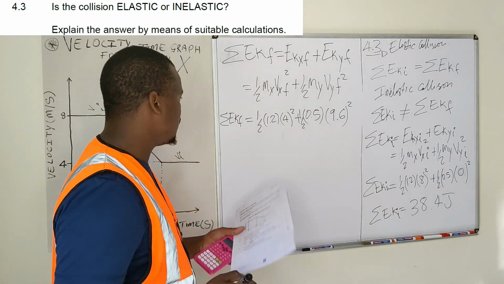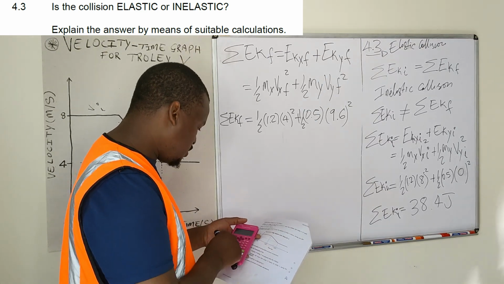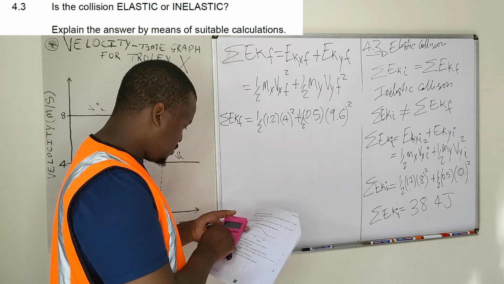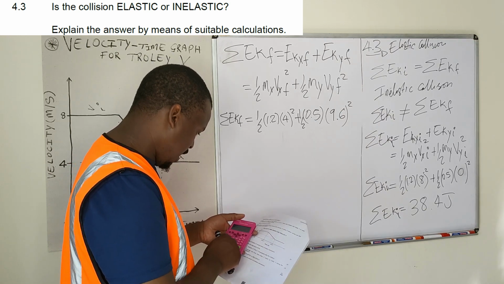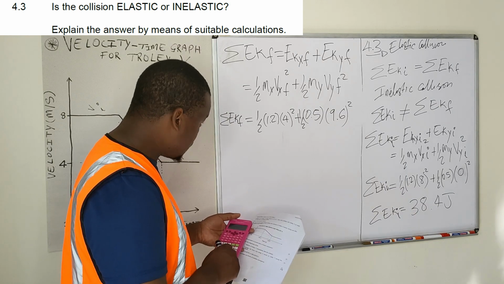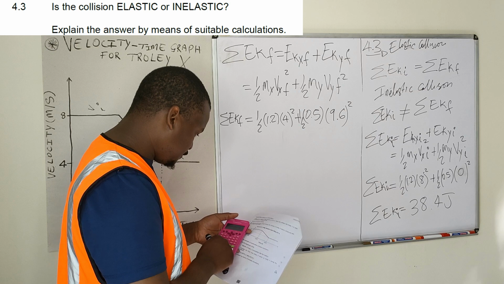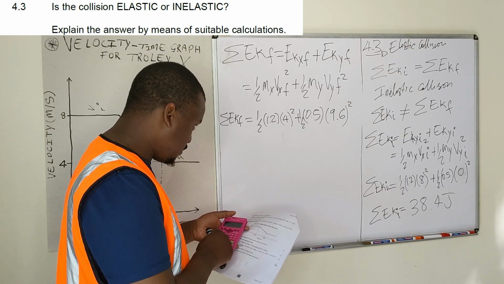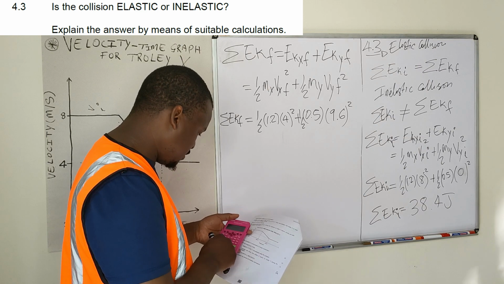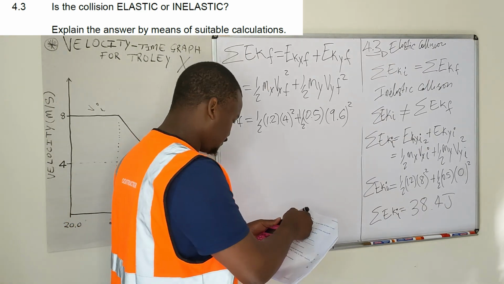Can you punch this in your calculator as well? Say, okay, 1 over 2 times 1.2 times 4 all squared plus 1 over 2 times 0.5 times 9.6 all squared. What do we get?